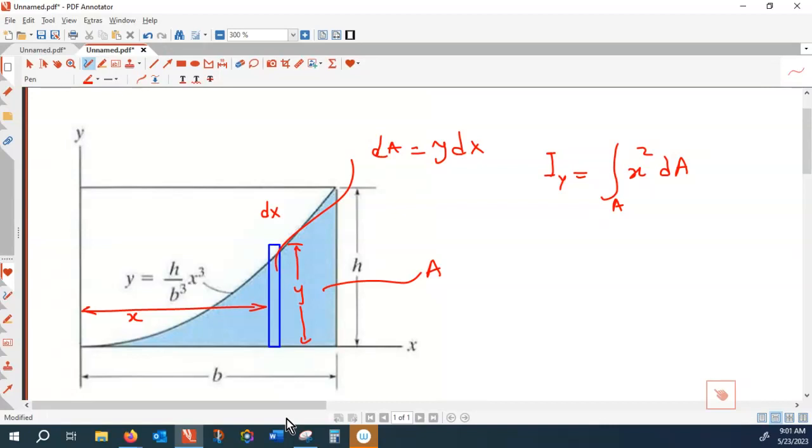Okay, now, how do I include x over here?